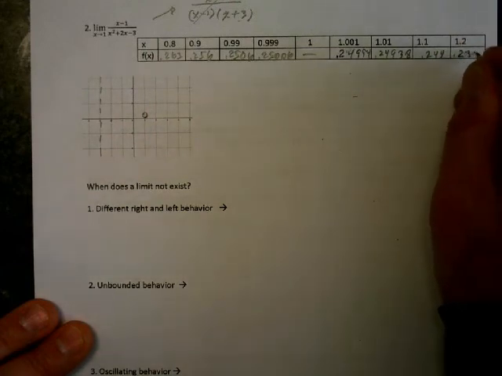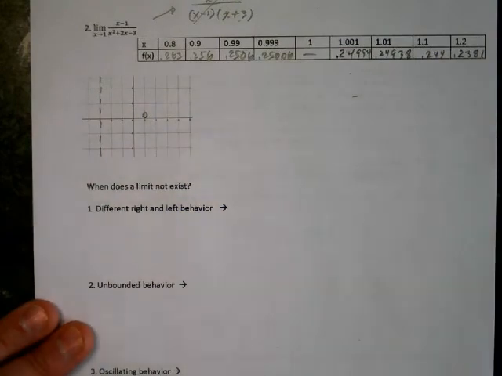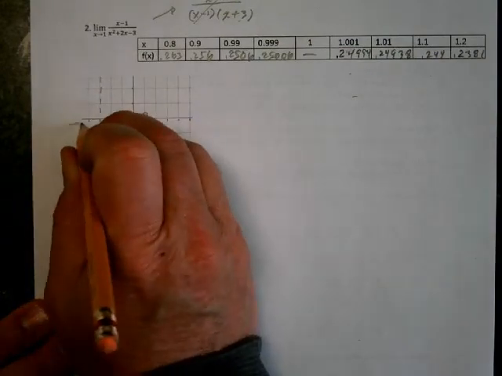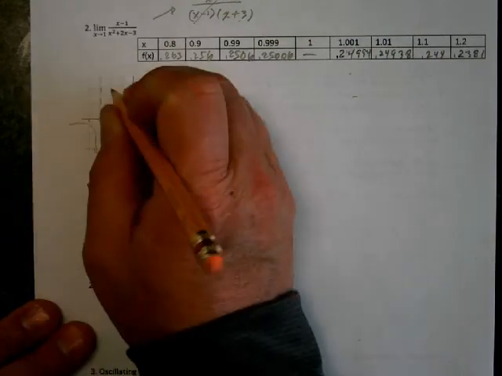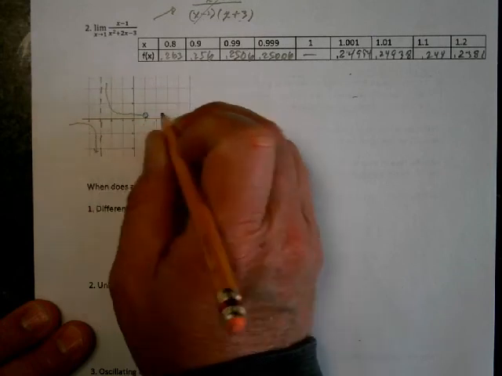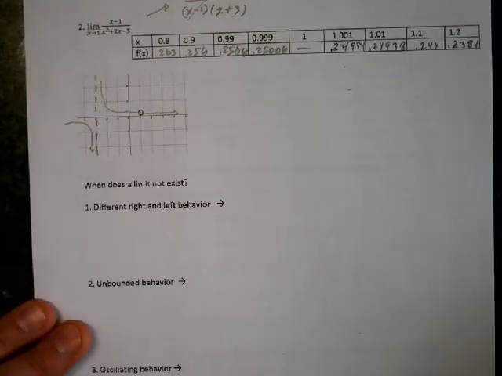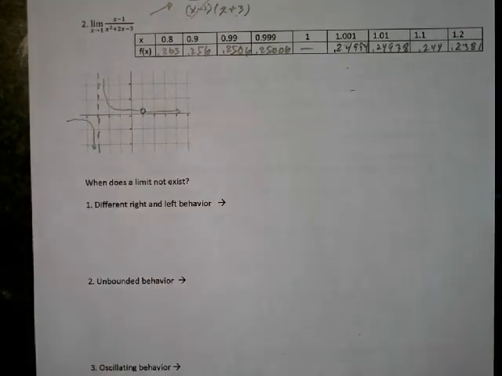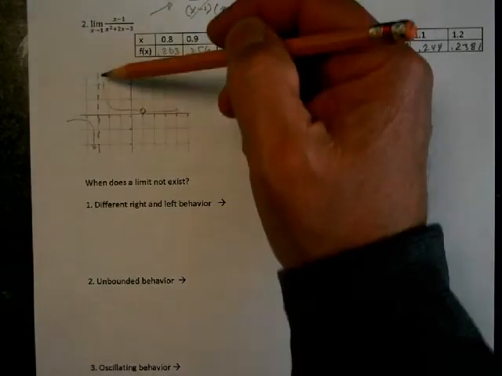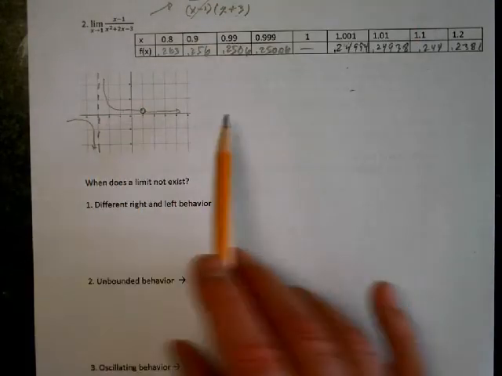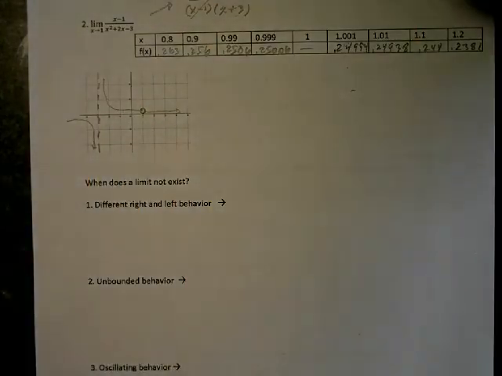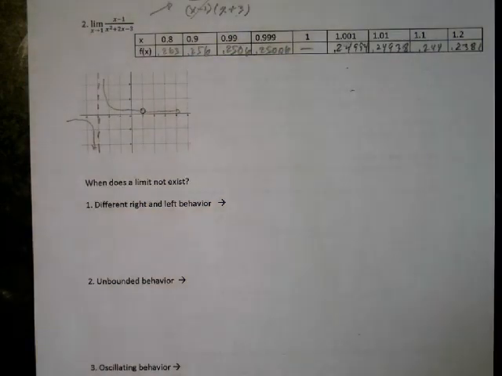And finally, 1.2 is 0.2381. Now what your graph looks like is this. We end up with a vertical asymptote right here at x equals -3, and there's really one right there at y equals 0, because the exponent in the numerator is 1 less than that of the denominator.